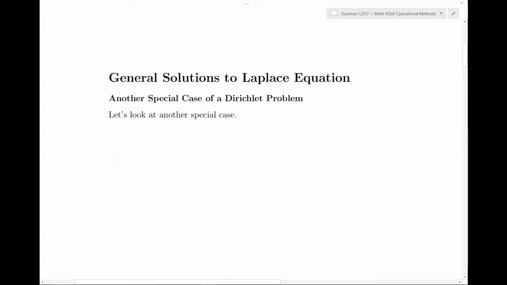So the next special case that I want to consider today is the case where the lower boundary is non-zero. So in that rectangle we have Laplacian u being 0.